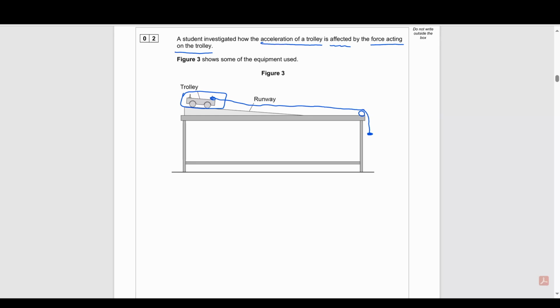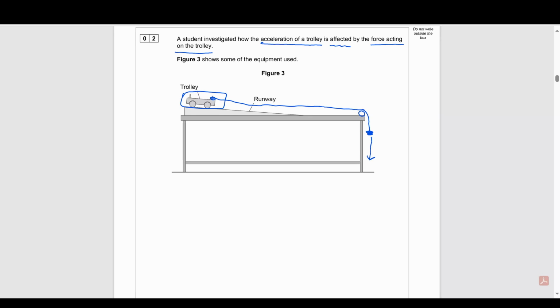Now, when someone lets go of the masses, they're going to drop to the ground. That's going to pull the string down, and because the string is attached to the trolley, that will cause the trolley to move. If we were to add more masses, then the trolley should move even faster.